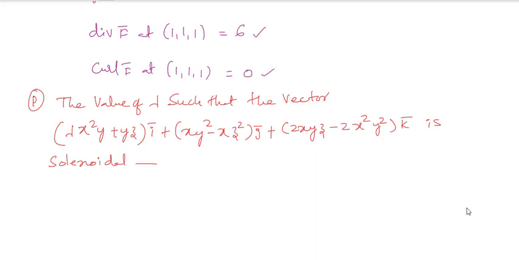The given options are: lambda is 2, 4, c minus 2, d minus 4.